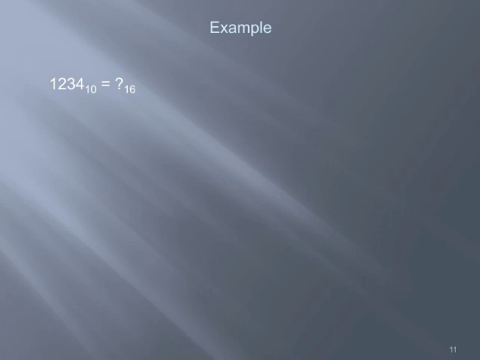That is the procedure, and you need to write the remainders in the opposite way. That is the procedure of converting the given decimal number into its equivalent hexadecimal number.